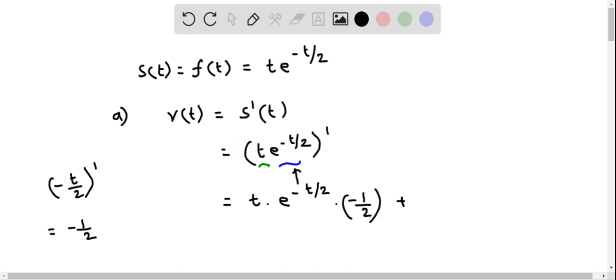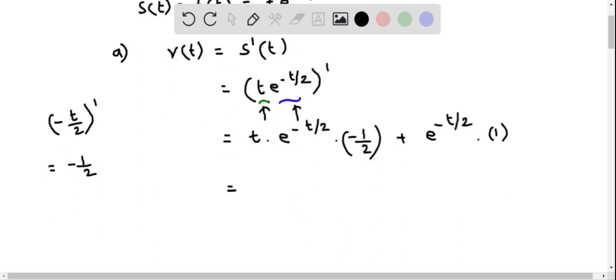Now write the second term, e raised to the power of negative t by 2, multiply with the derivative of the first term. The first term here is t. The derivative of t is 1. We can simplify and write this in factor form. We have e raised to the power of negative t by 2. So let's factor this e raised to the power of negative t by 2.